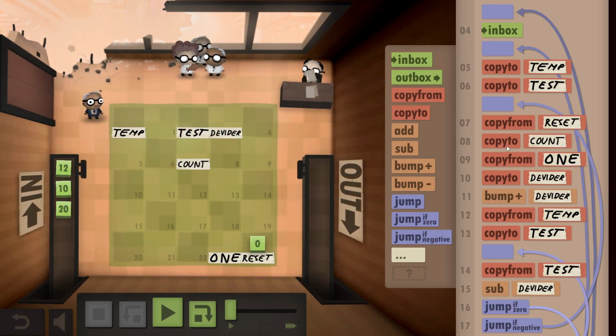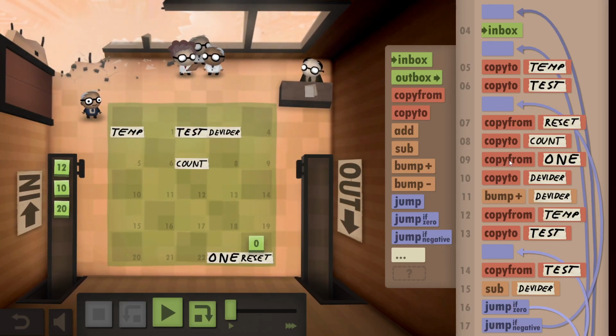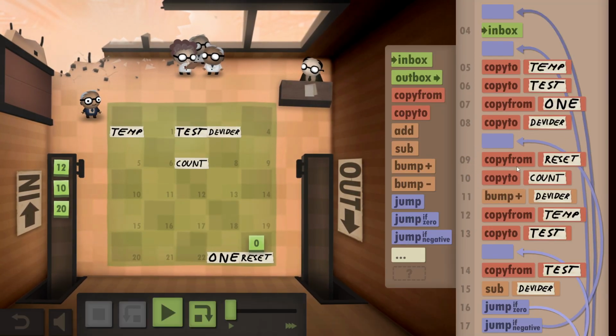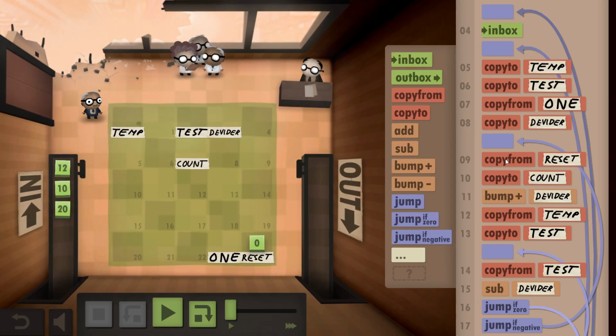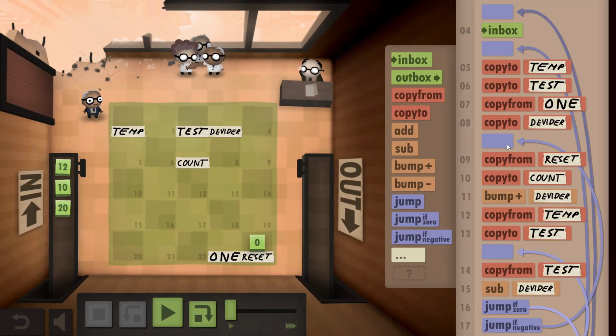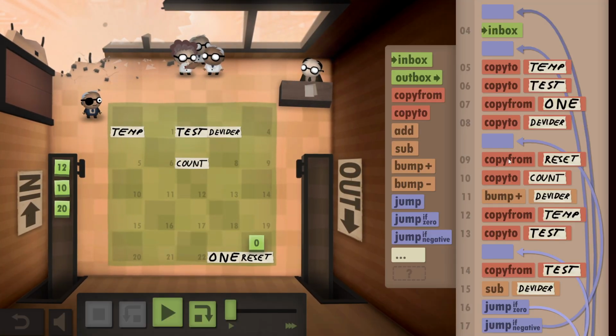Okay. I think that's it. Copy from reset. Count, bump divider, and copy this. I think that's good.